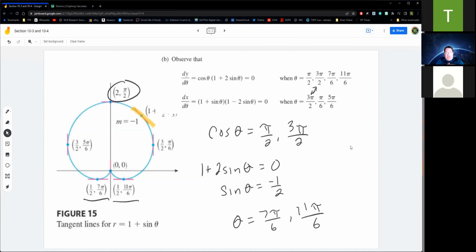So that point actually does not have an actual asymptote. So we have our vertical asymptotes at the 5 pi over 6 and the pi over 6.